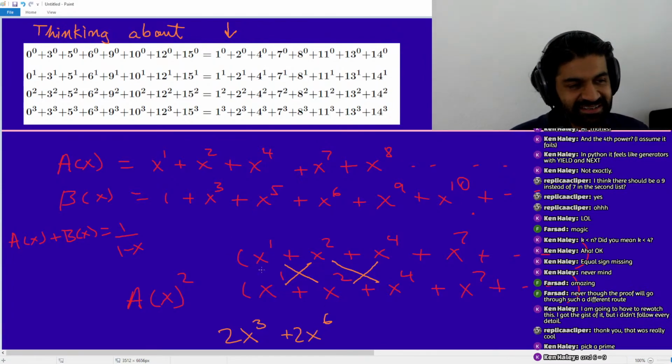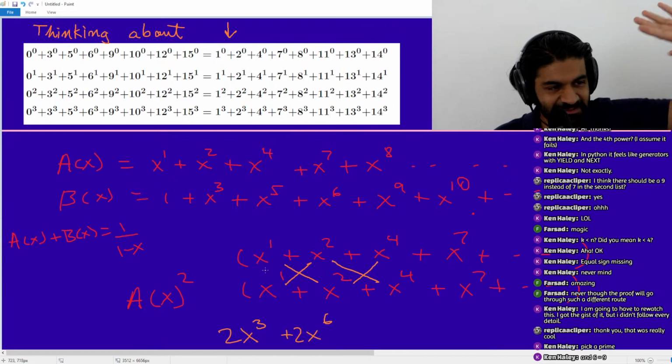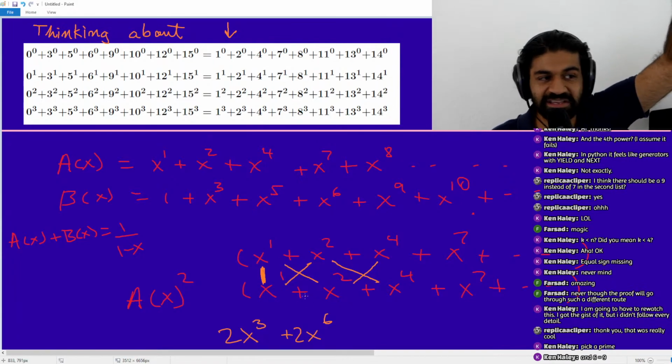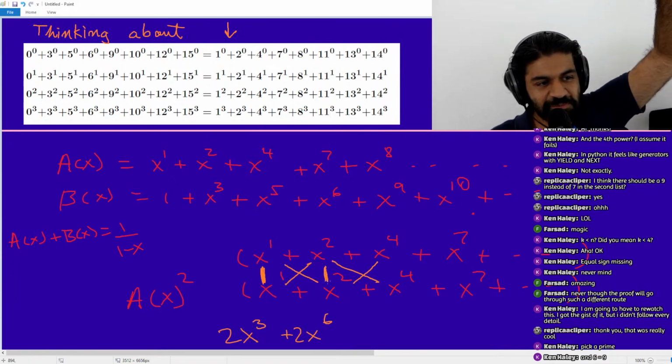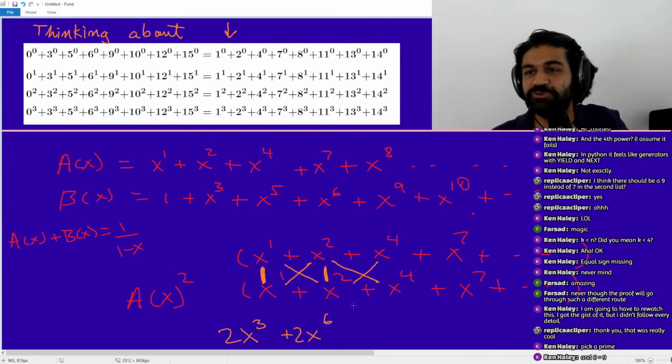Another annoyance here is that I get the same term added with itself. So for example, from here, x to the 1 multiplied by x to the 1, you'll get an x squared that you do not want. And you can also multiply this x squared with this x squared, which will give you an x to the 4th that you do not want.